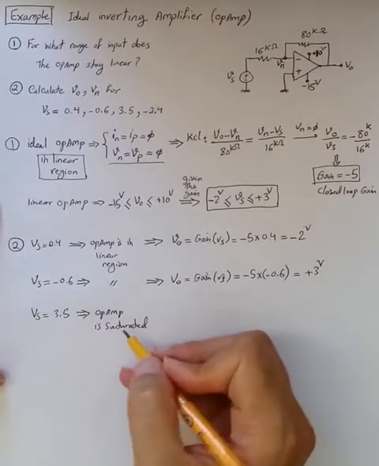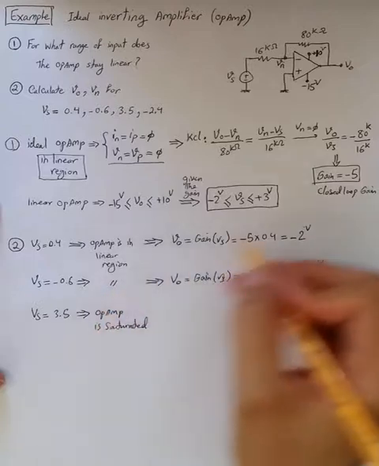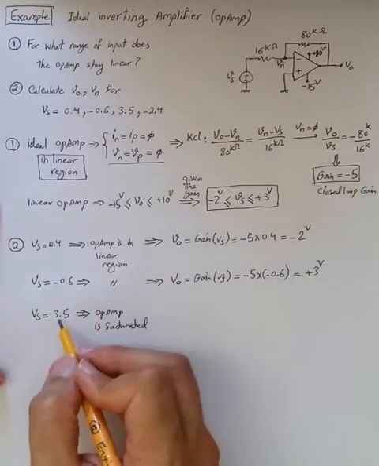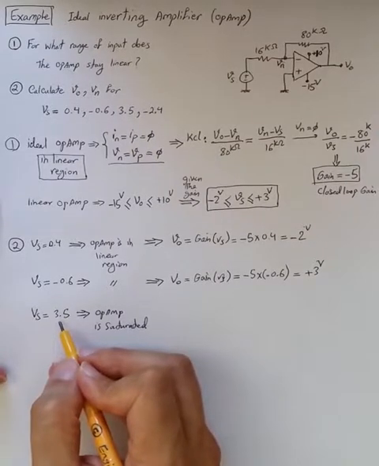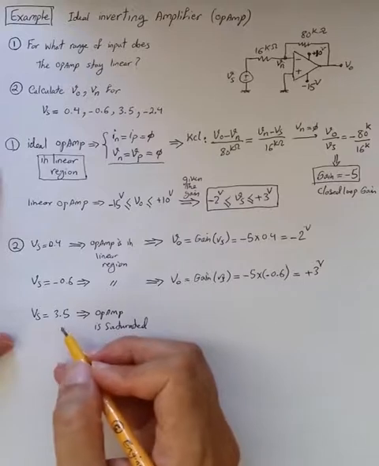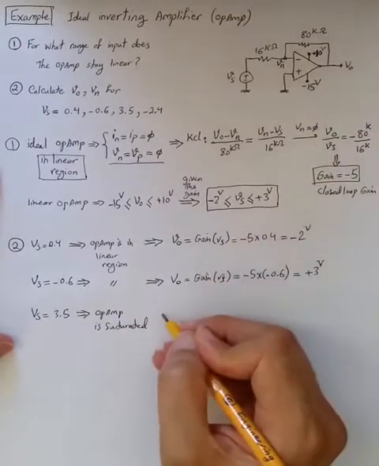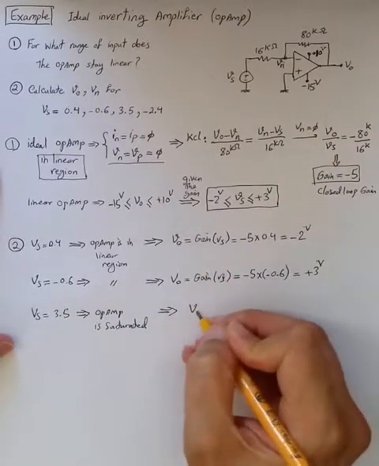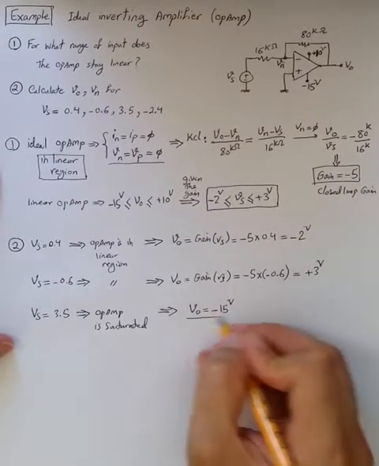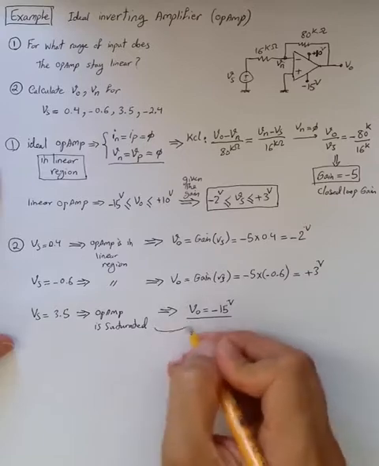If the op-amp could stay in the linear region, then because the gain would have been minus 5, the output would be minus 5 times 3.5, which means the output would be minus 17.5 volt, which is less than the limit. So V out will be minus 15 volt and the op-amp is saturated.